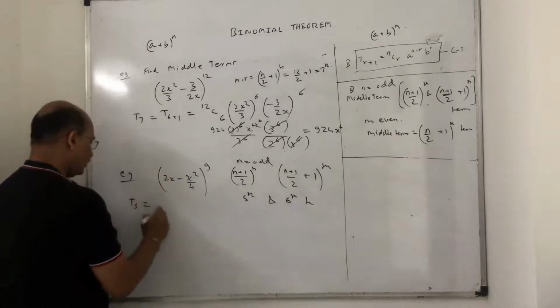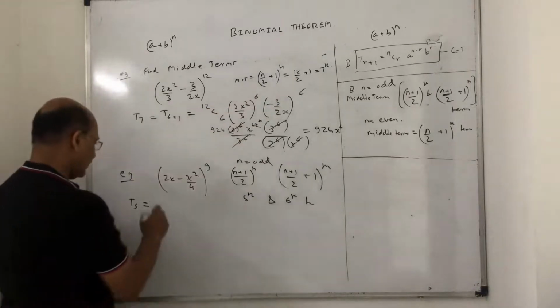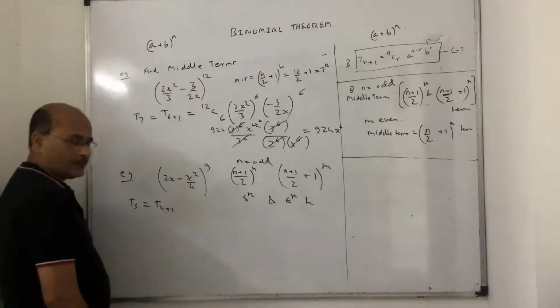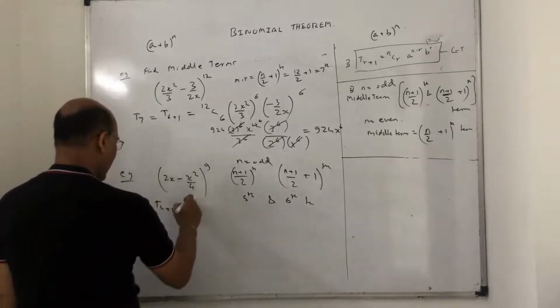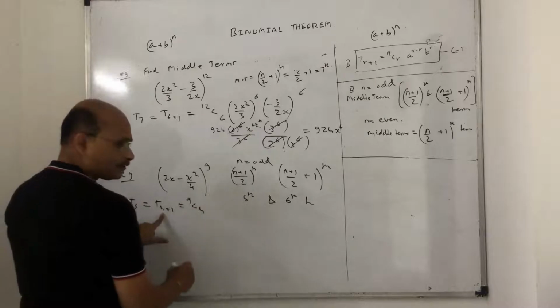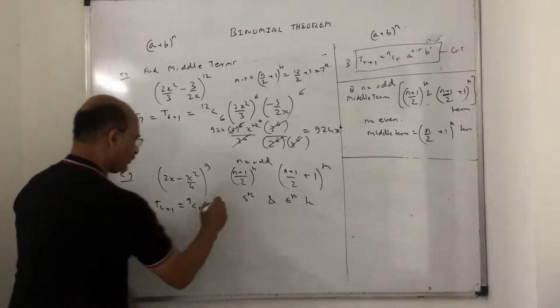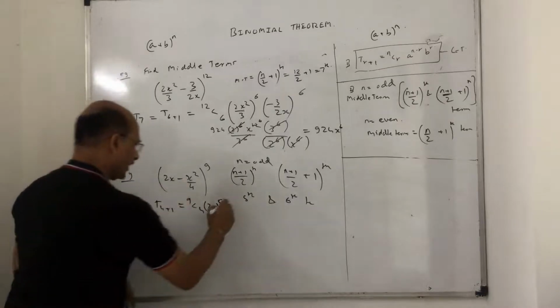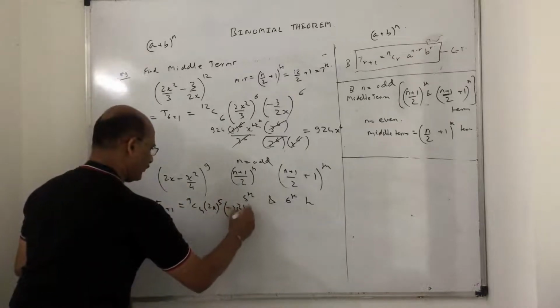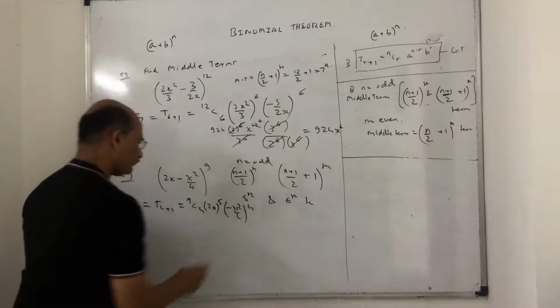So first T5. By the general term, T5 is nothing but T4 plus 1. So 9CR, where R is 4. First term raised to 9 minus 4, that is 5, and second term, minus x square upon 4, raised to 4.